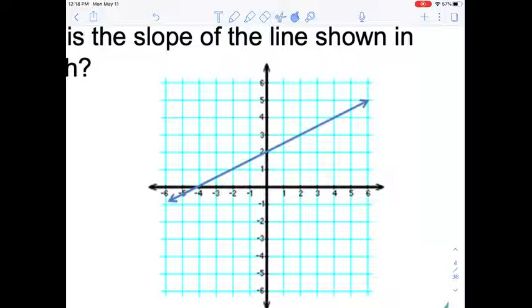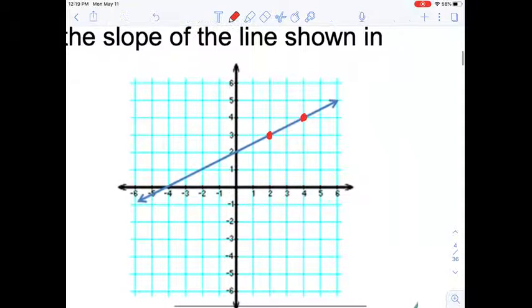Number 4, we're finding the slope again. So this doesn't give us 2 points, so we just have to choose 2 points that cross an ordered pair nicely. So I'm going to choose 2 points that land kind of in that little plus sign area. And then from here, I'm going to again use rise over run because I'm given a graph.